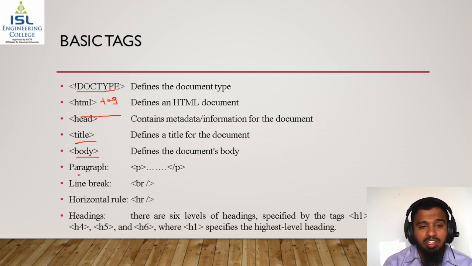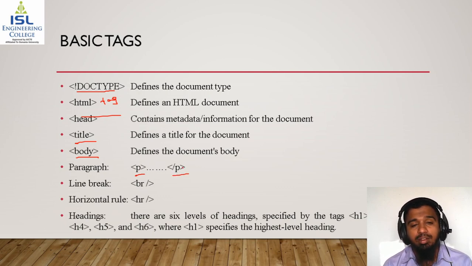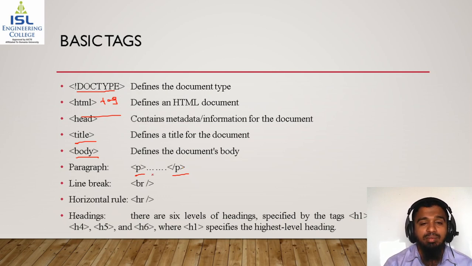Okay, the next is paragraph. The paragraph is nothing but how to write a paragraph in the programming. That is an opening tag and a closing tag, and whatever you write in between will be displayed on the website. Next, line break.